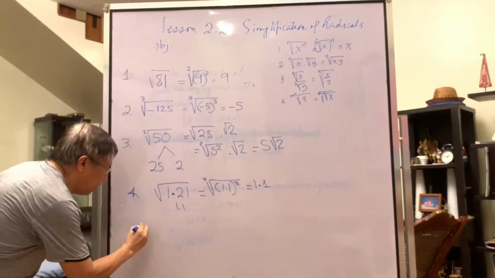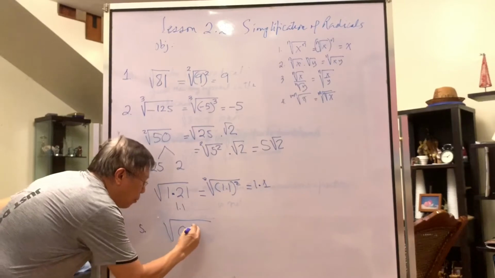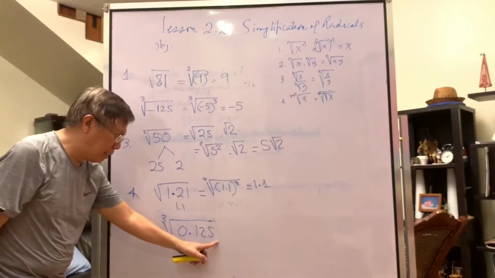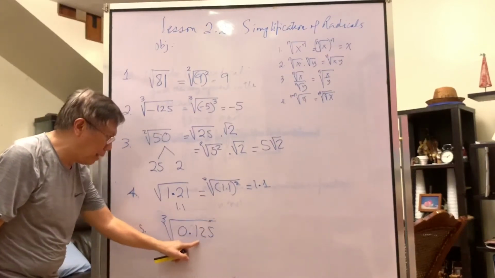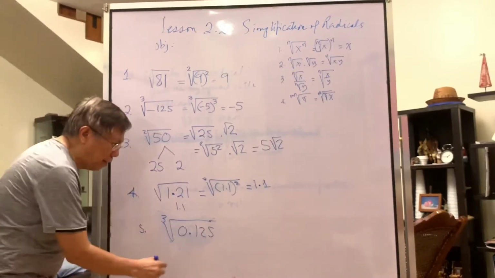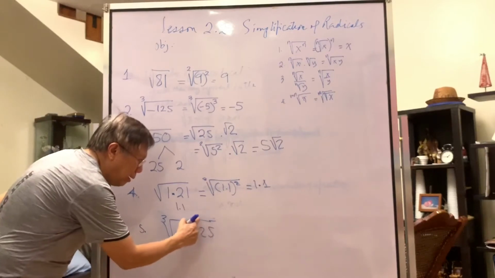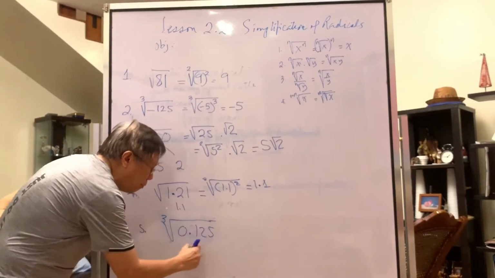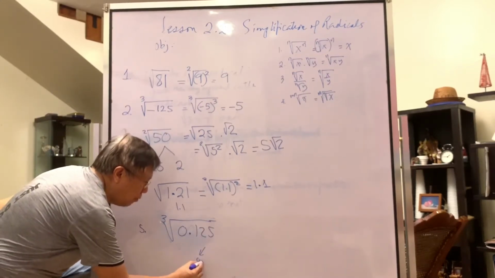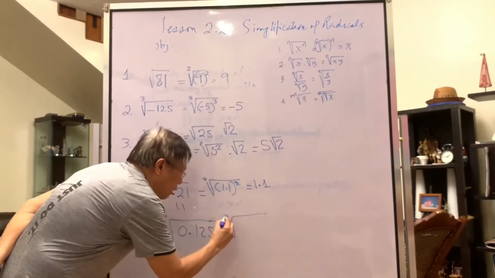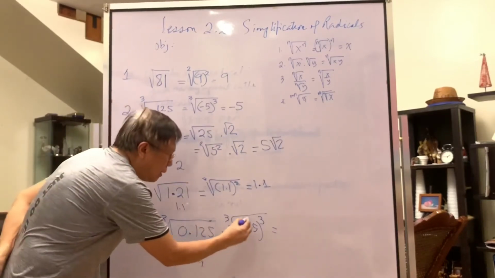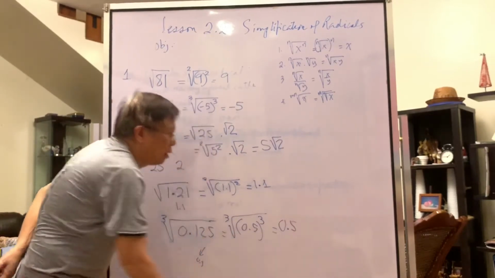Similarly, if we have here 0.125 and this is a cube root, there's a chance that it's a perfect cube because the number of decimal places is divisible by the index. 3 divided by 3. Now we just have to find a decimal where if we multiply it by itself 3 times, we will get 0.125. And that happens to be 0.5. So we can rewrite this as cube root of 0.5 raised to the cube. We can now cancel this and our answer is 0.5.